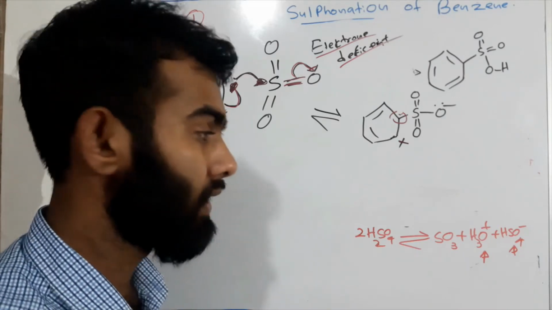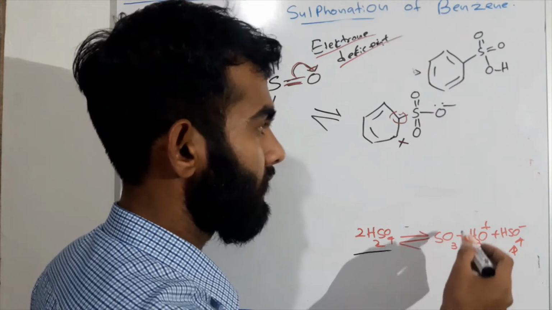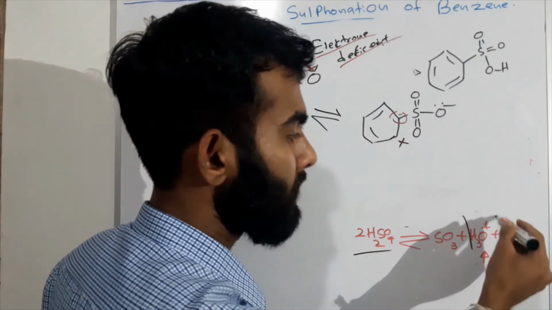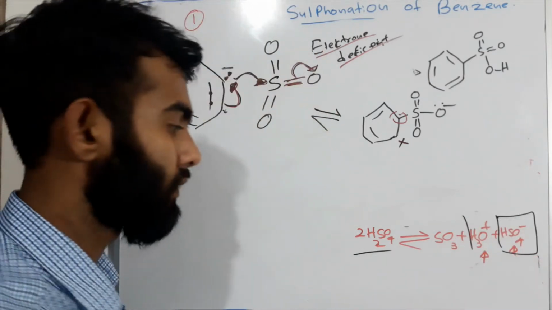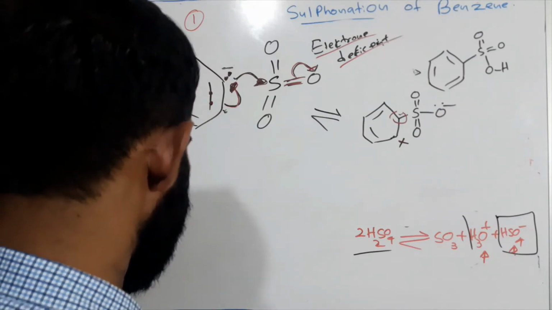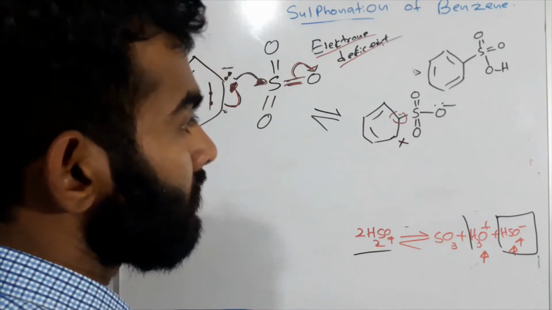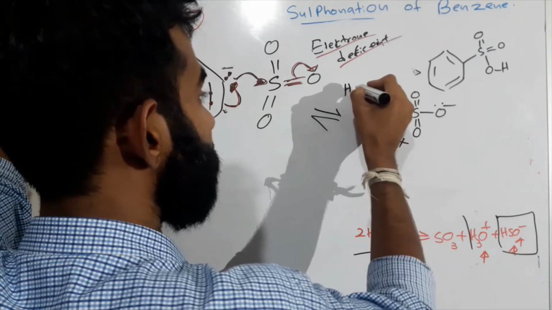It needs help. What's the helper? In the previous reaction, hydrogen sulfate anion was formed. So in this situation, that hydrogen sulfate anion will help this compound to regenerate its aromaticity.